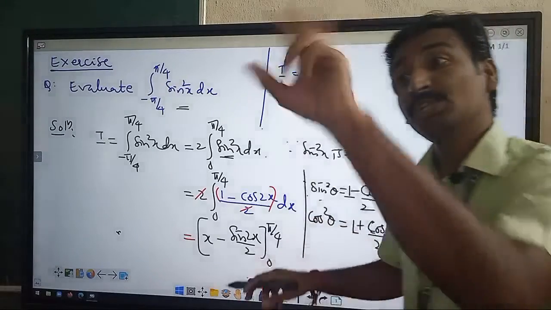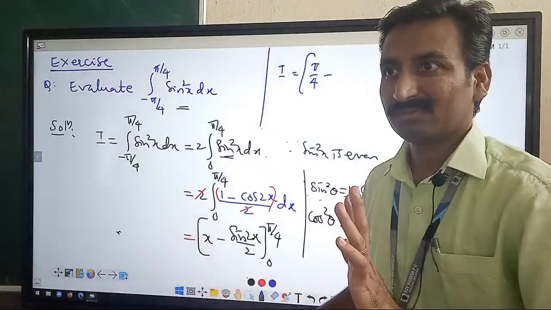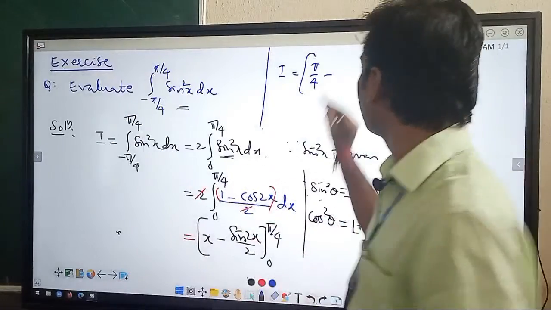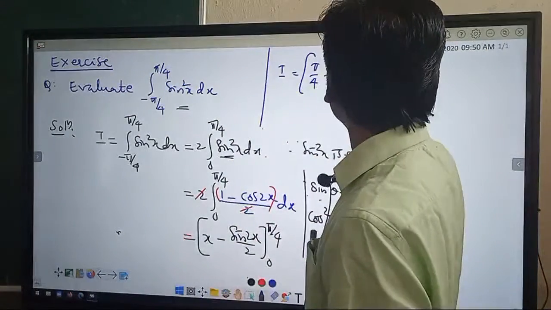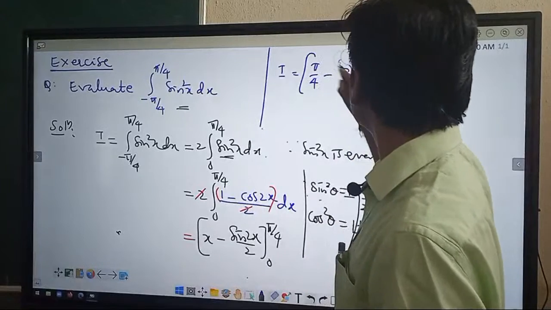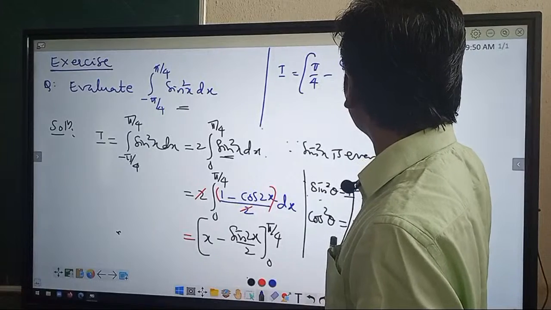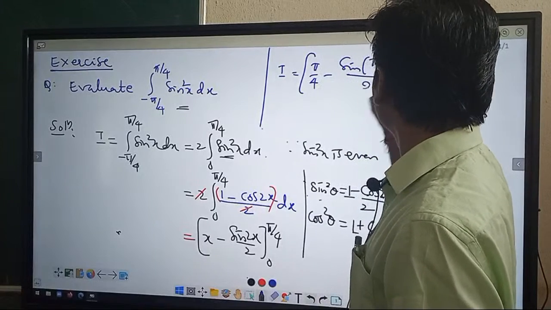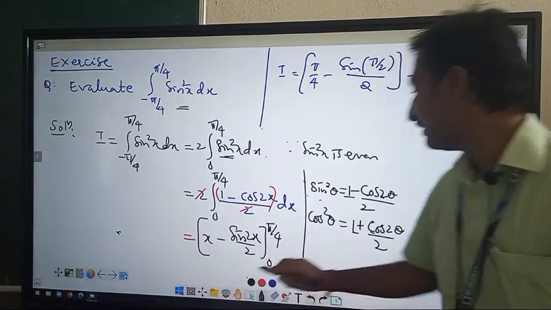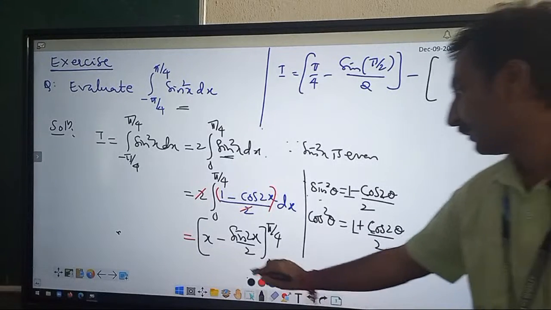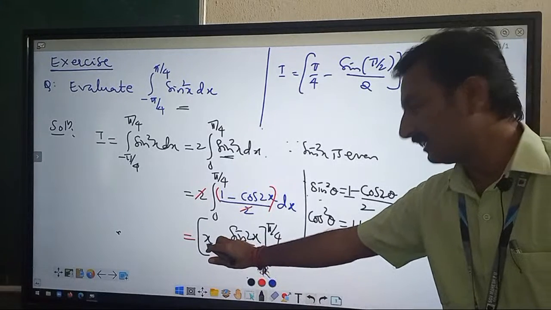Pi by 4 is 2 times, that is sin pi by 2, 90 degrees. 45 becomes 90. So I can write it as sine of pi by 2. If you are more familiar, you can take it directly as 1. Okay, minus the second one, lower limit 0 you are taking, this is 0 and this is 0.